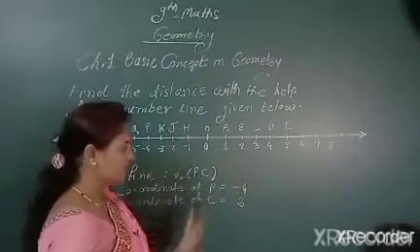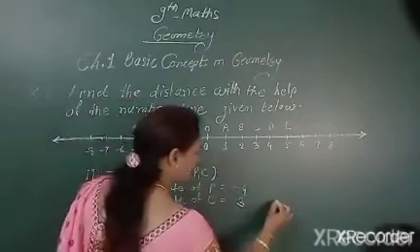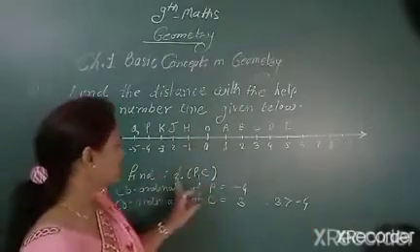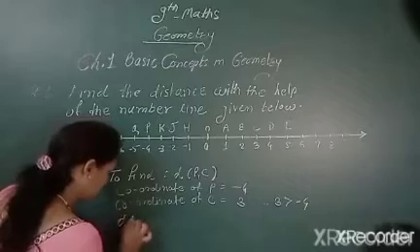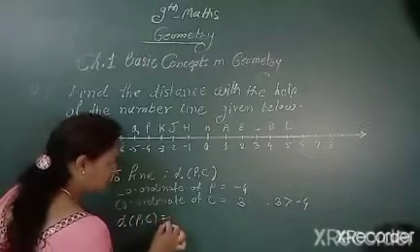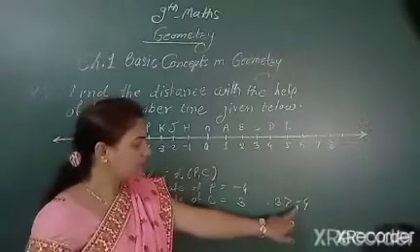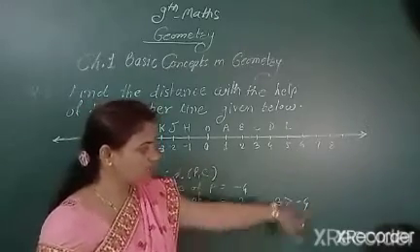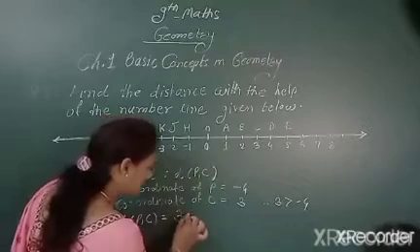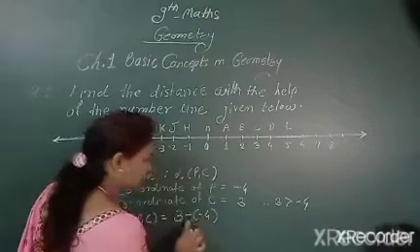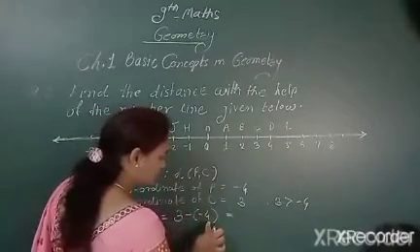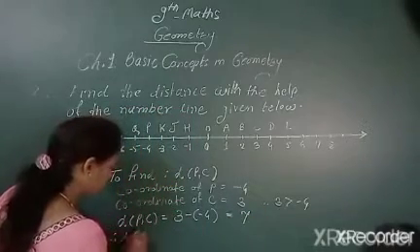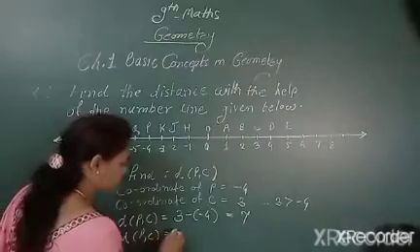Here 3 is greater than minus 4. Then the distance PC is equal to subtracting the smaller coordinate from the larger coordinate. Here 3 minus minus 4, that is 3 plus 4, is equal to 7. Therefore the distance PC is equal to 7.